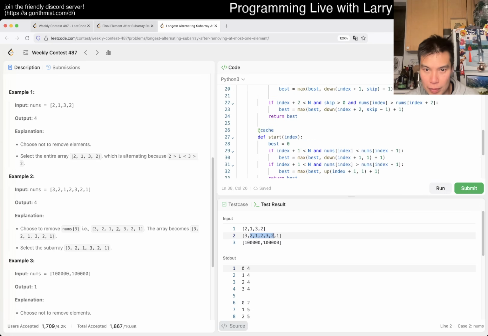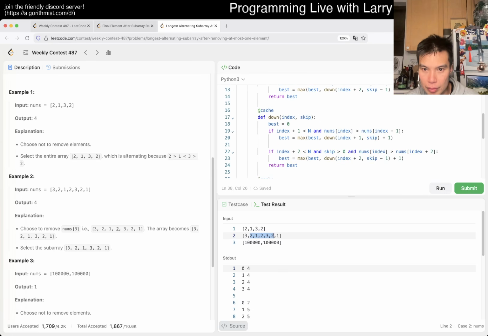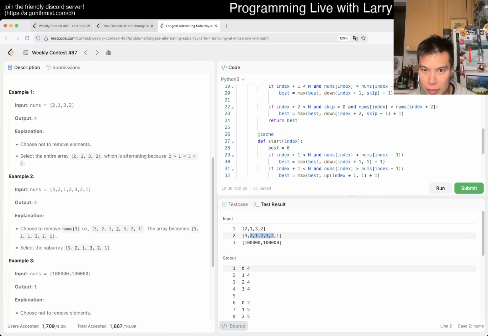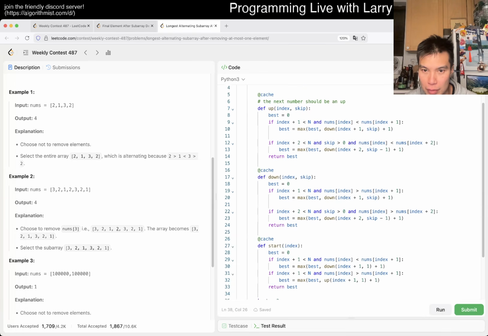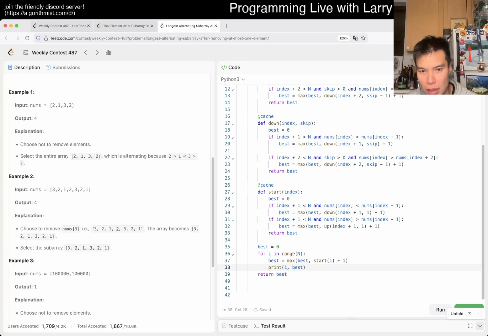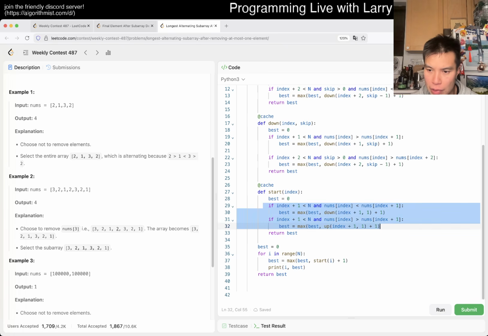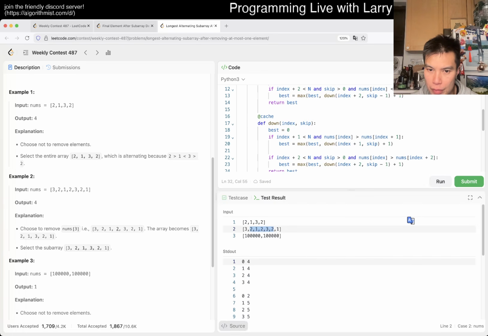But did I miss something? Oh, well, no. I am missing one case though. It's where you skip the first number, so I have to think about that one. But actually, I should put it in.